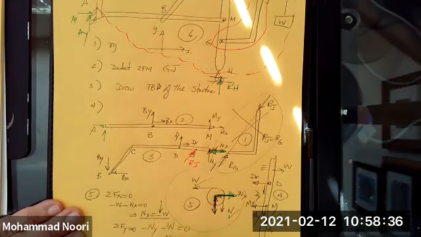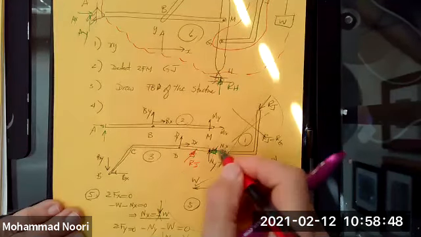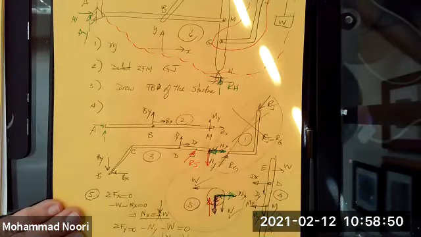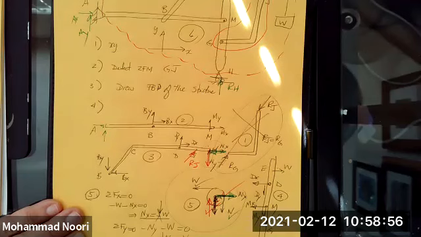That is, Ny comes out to be also a negative value. That means the assumed direction is wrong. The correct direction is this, so I have to also correct this one. So I found 2 unknowns, okay?